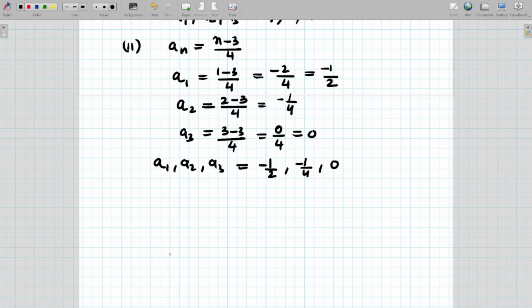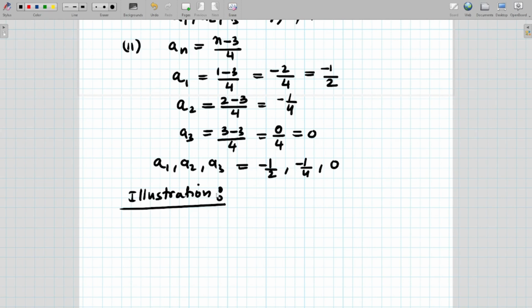Let us take the next illustration. Let us identify this.